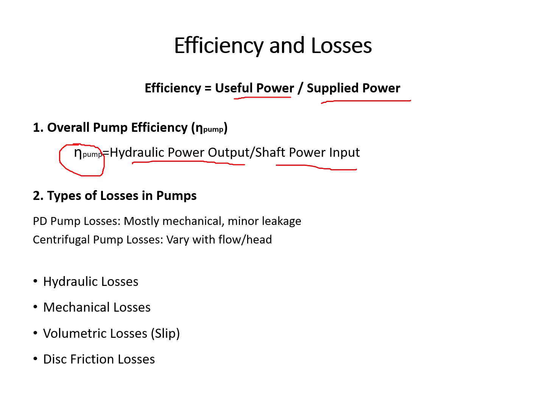Now let's see the types of losses in pumps. Hydraulic losses are caused by friction and turbulence inside the pump. So it's not the losses related to the pipes or fittings or rough surfaces of the pipes.